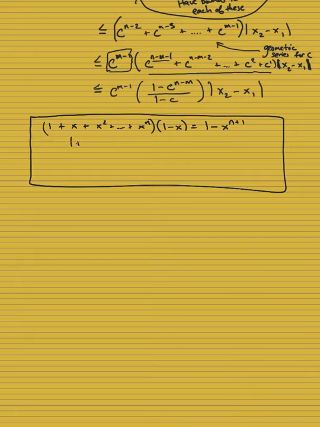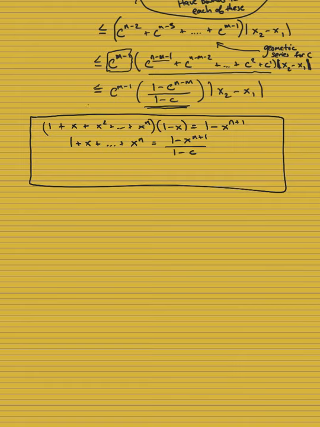Okay? So in particular, 1 plus x to the n is equal to 1 minus x to the n plus 1 over 1 minus c. And this is exactly what you get here with these numbers. All right? So now, let's bound this again.